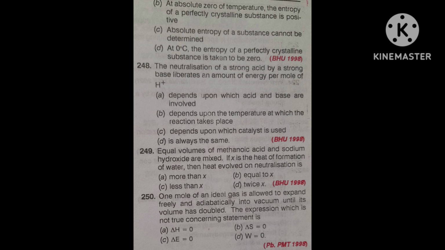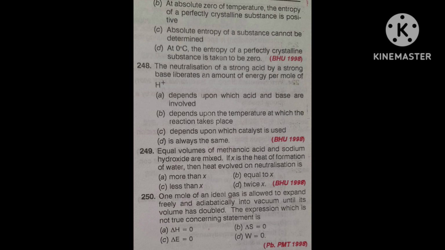Correct? Its value is fixed. Hence, this is actually a condition because this value is a fixed, experimental value. Then heat of neutralization of a strong acid by a strong base is always the same.